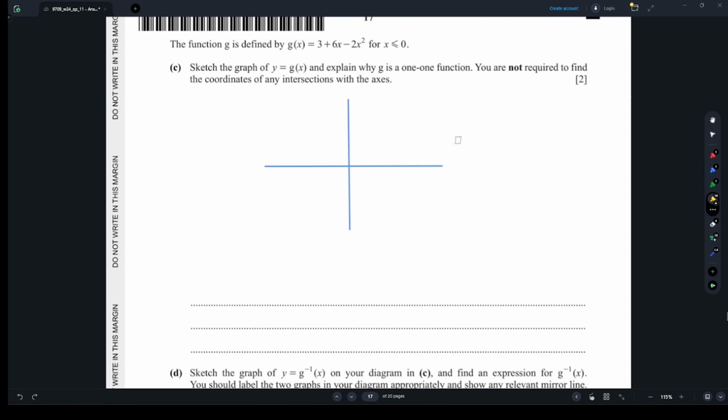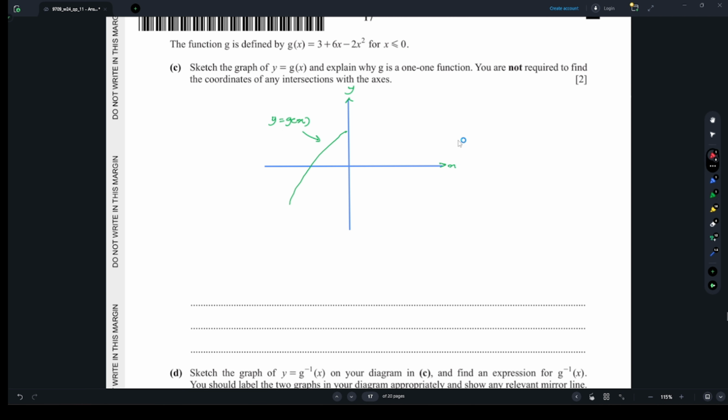Sorry, again forgot to change. Something like this, and no need to indicate the values. So this is y equals g(x). This is the y-axis. This is the x-axis.